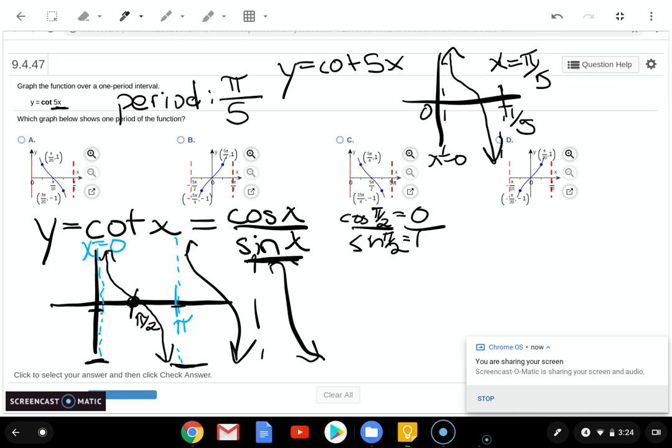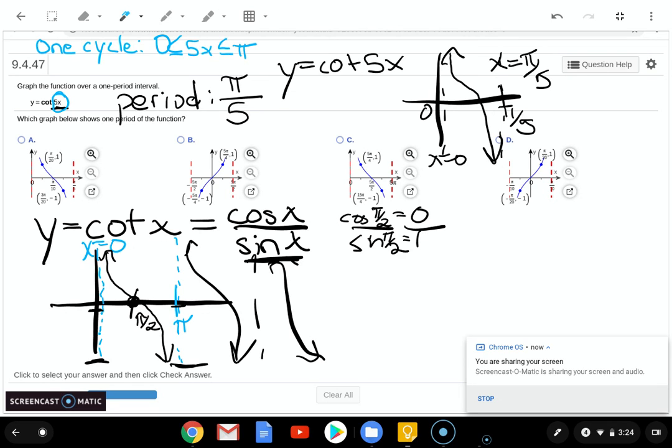Another way of getting the location of those asymptotes, at 0 and pi over 5, is to solve an inequality. Similar to what we did with sine and cosine. Since you have cotangent of 5x, you can find the x values for one complete cycle by taking that 5x and putting it between 0 and pi.